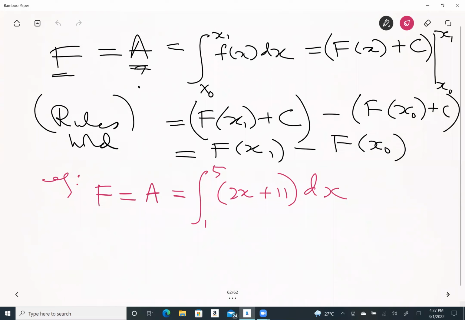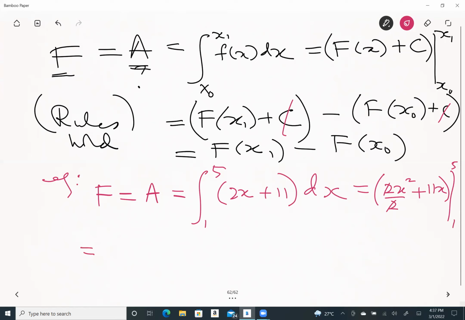That is equal to what? You do the integral: 2x squared over 2 plus 11x. Now put the straight line 1, 5. You don't need the c. Why? Because c you cancel out. So you don't need to write c. So what is it equal to?